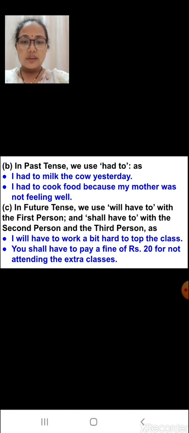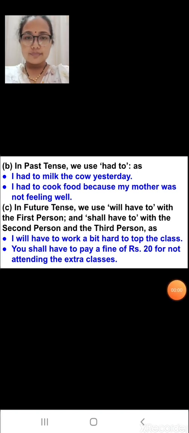For example, number 1, I will have to work a bit hard to top the class. Number 2, you shall have to pay a fine of ₹20 for not attending the extra classes.